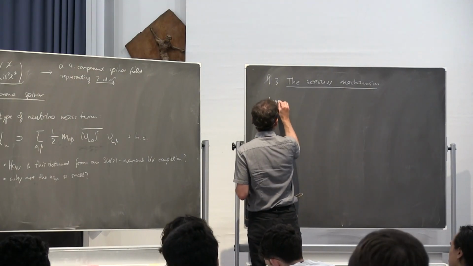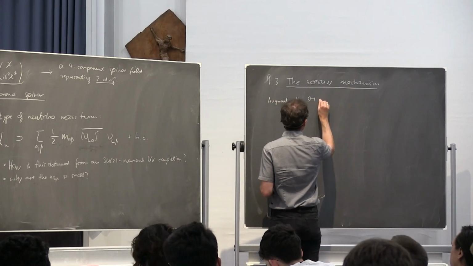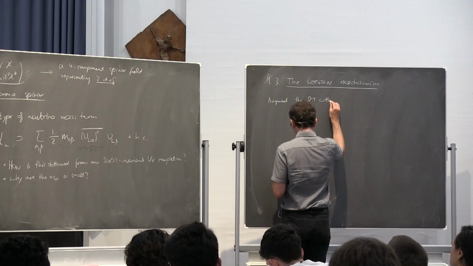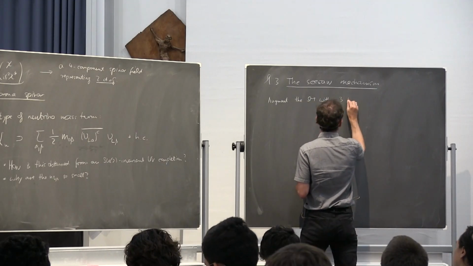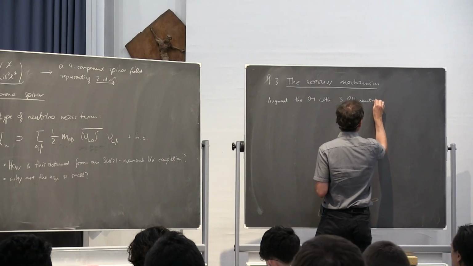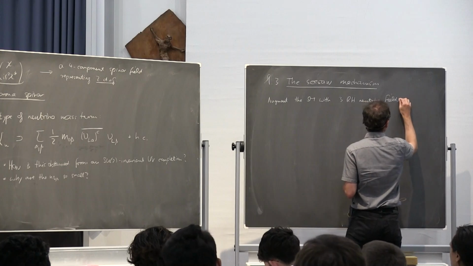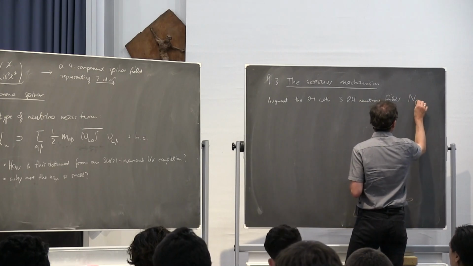So we augment the standard model with 3 right-handed neutrino fields, which we are now in this context going to call NR.